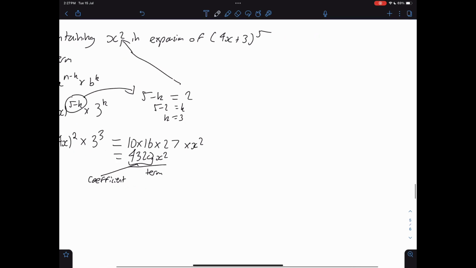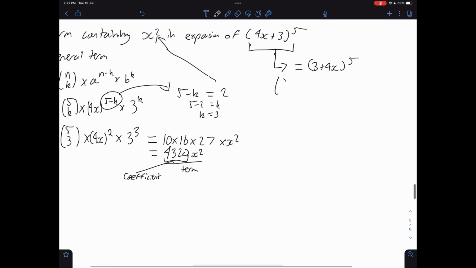Additionally, to make it more like the previous example, we can switch around the 3 and the 4x, because 4x plus 3 to the power of 5 is equal to 3 plus 4x to the power of 5. This is because of the commutative law of addition, meaning order doesn't matter, you're still going to get the same sum.